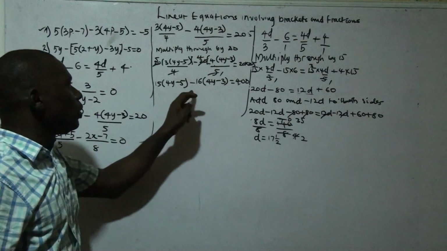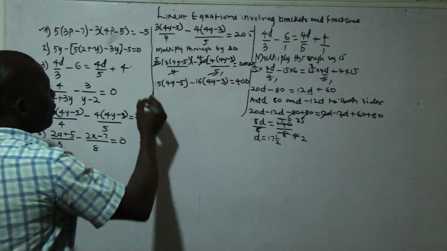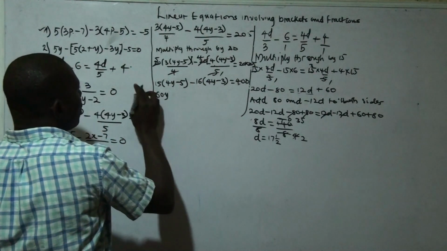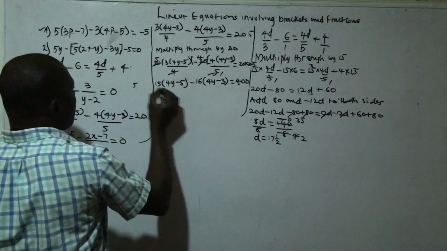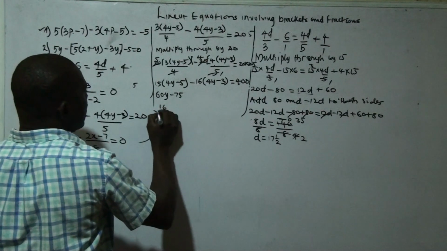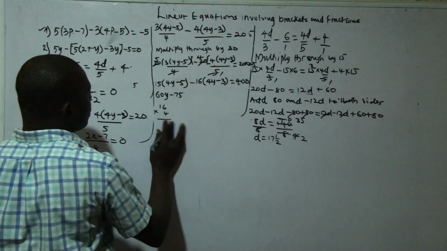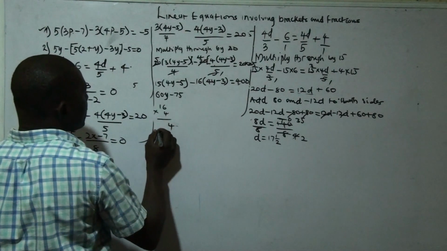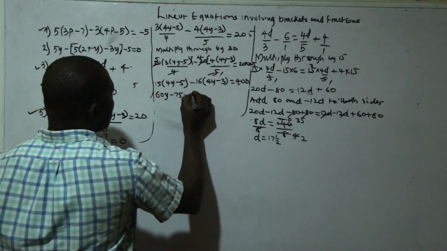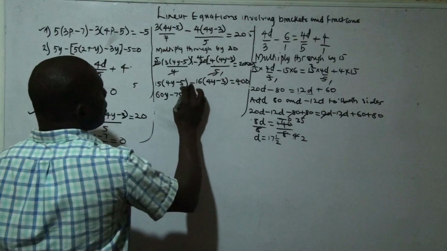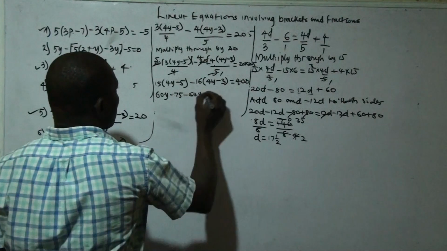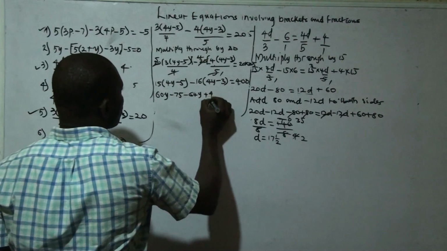So here we open this bracket with what we have here. 15 times 4, that will give us 60y. 15 times 5, that will give us minus 75. 16 times 4, 64, that will give us minus 64y, minus 16 times minus 3, that will give us plus 48.